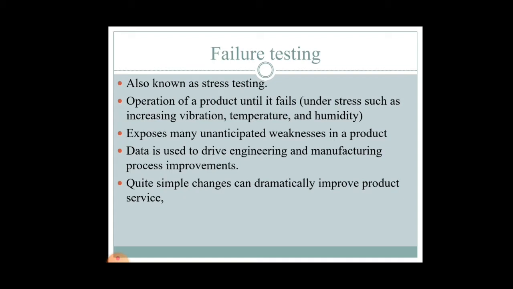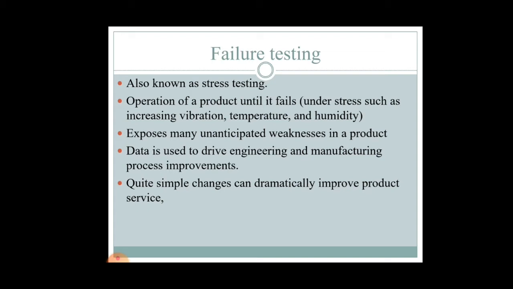Data is used to drive engineering and manufacturing process improvements. Like if I am saying a product can be manufactured at a speed of 10 to 20 rpm, so if we are making effort above 20, we will get poor quality product, or if we are getting speed less than 10, it means our product can be of poor quality.